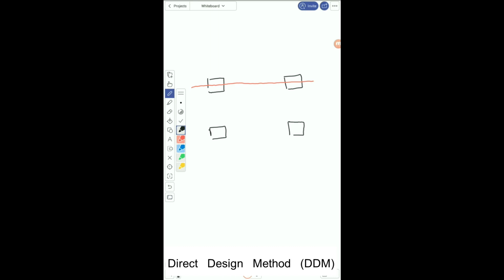This dimension is 25 feet, and when you go here, the dimensions of the spans are 20 feet. I'll just mark the center line again for this point as well. These are the column center lines.